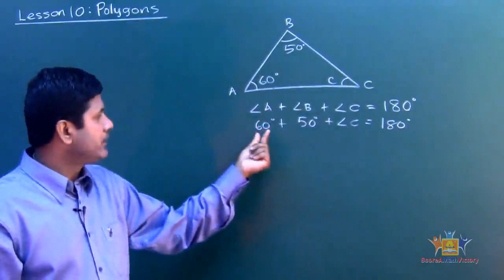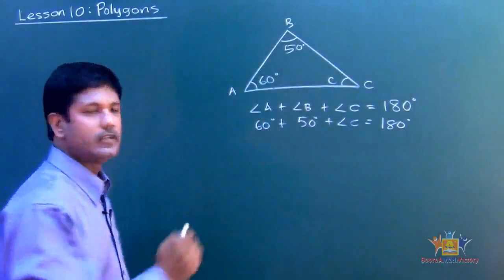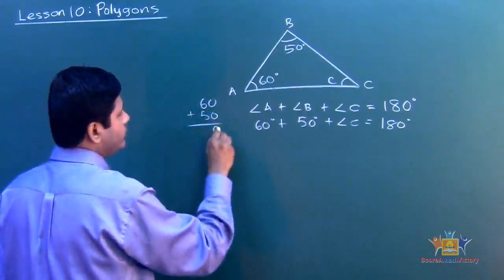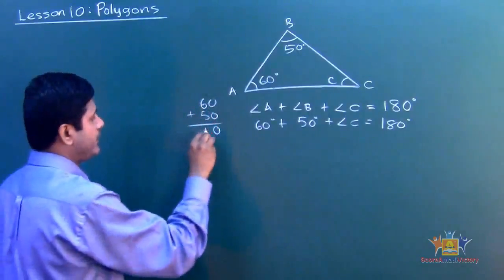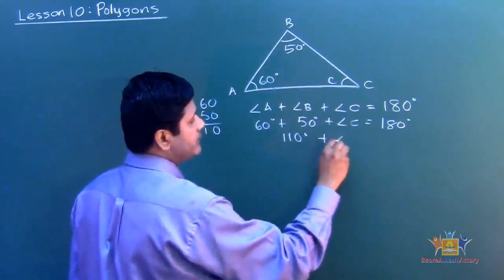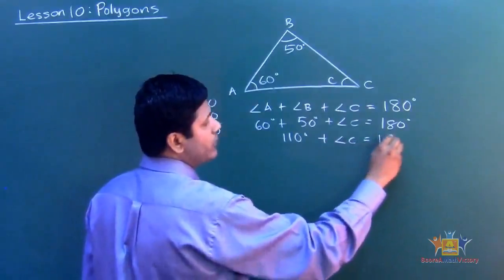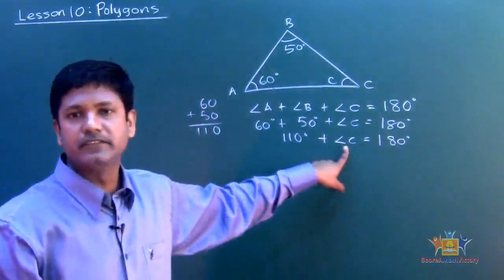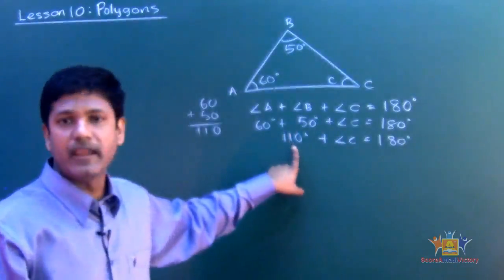So we add them. 60 plus 50: 0 plus 0 is 0, 6 plus 5 is 11, so 110 degrees. 110 degrees plus angle C, which we don't know, should equal 180. What do you have to do to 110 degrees?